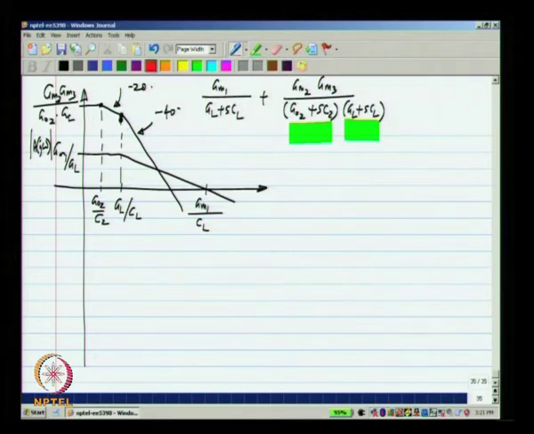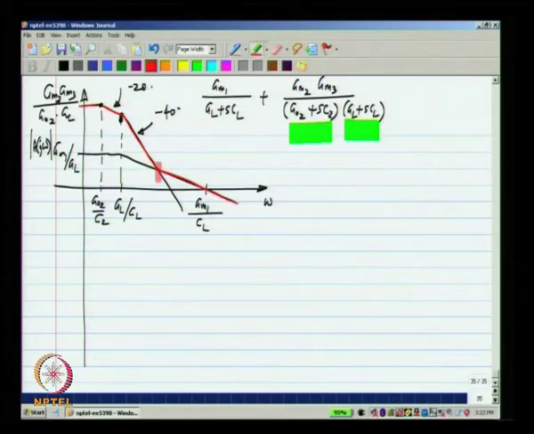Now, remember that this Bode plot is a logarithmic plot, the y axis is log of the magnitude. So, when you add up two different plots like this, you can simply approximate it by the higher of the two numbers. So, the plot of the sum of the two will look something like that.